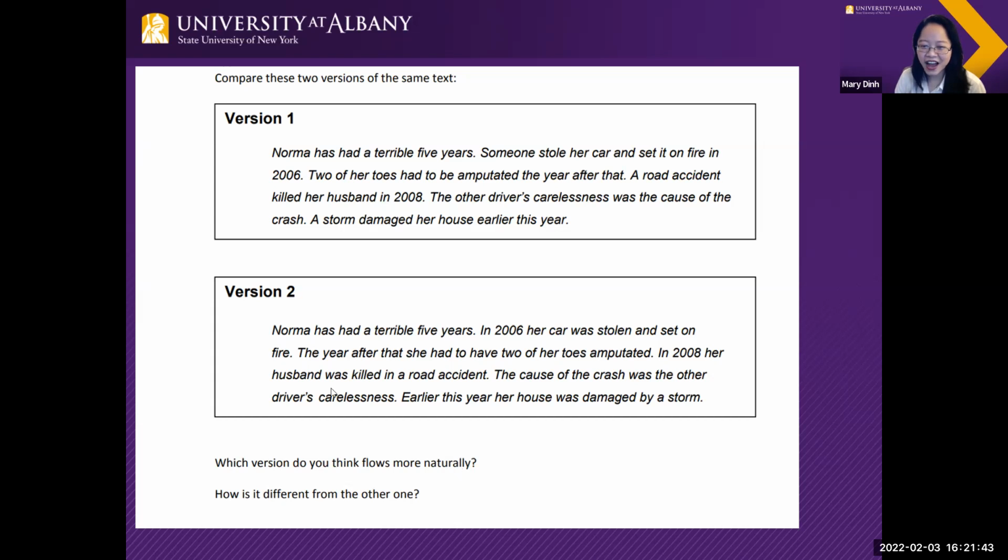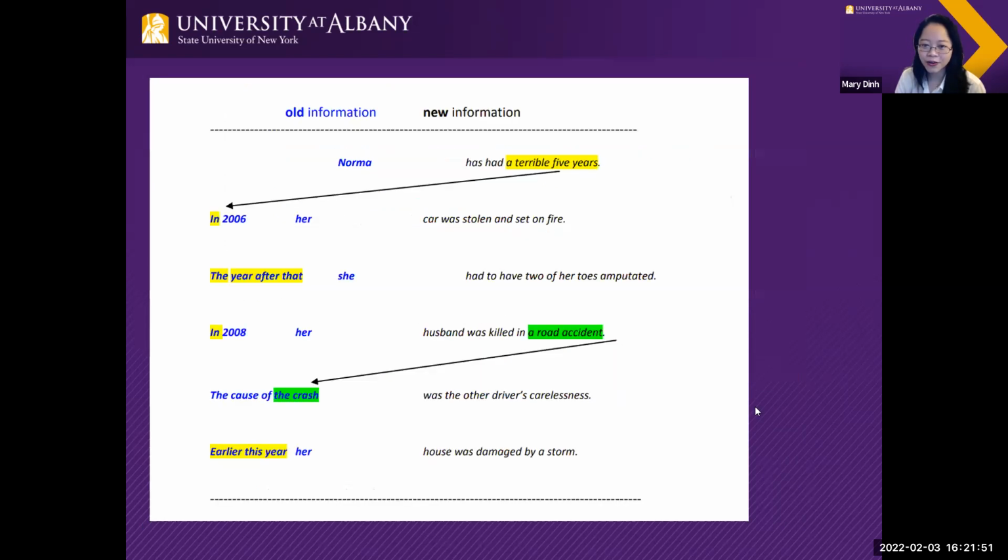For example, Norma has had a terrible 5 years. The keyword here is the 5 years, and it would be easier to follow if we have the old information at the beginning of the sentence, and then the new information is built upon it.